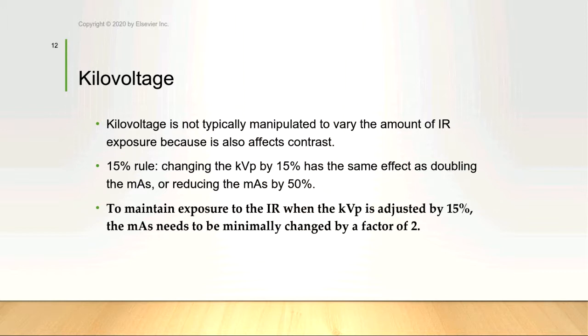And if you lowered your kVp by 15% in order to maintain the exposure, your mAs would have to be doubled. So this is no different than what we've been working out all along, but all they're reiterating is that we usually don't change our kVp if it's an exposure error, because we know that our contrast will be affected as well.